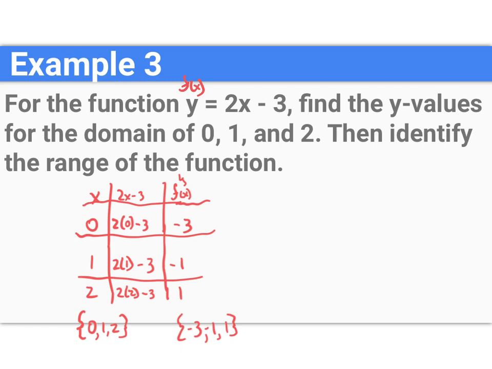So our range goes from negative 3 to positive 1 for the domain 0 through 2. So that's just a different way of using domain and range, and technically that's how you use it.